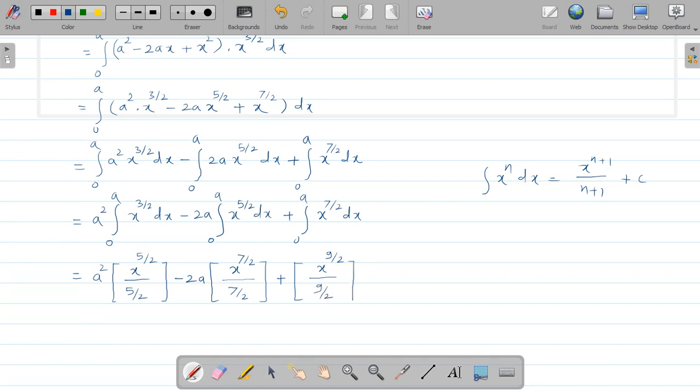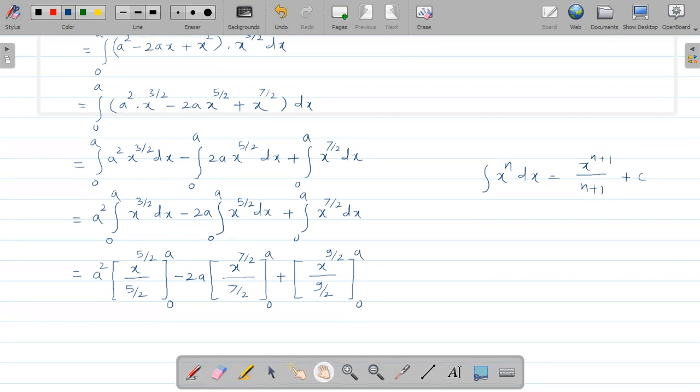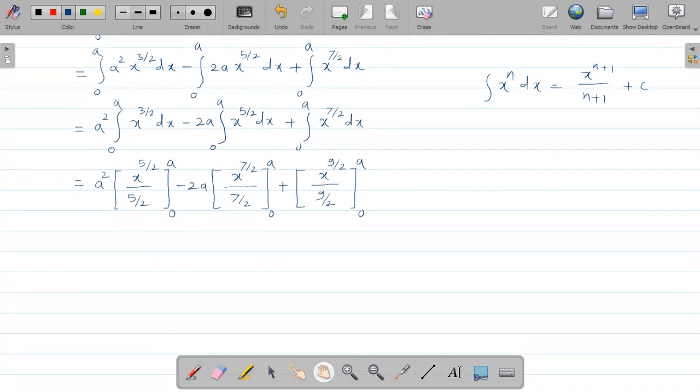Now as per the definite integration we have to put the limits here. Here it is 0 to a, here also 0 to a, and here also 0 to a. So the integration is completed. Now we will solve for the definite answer.